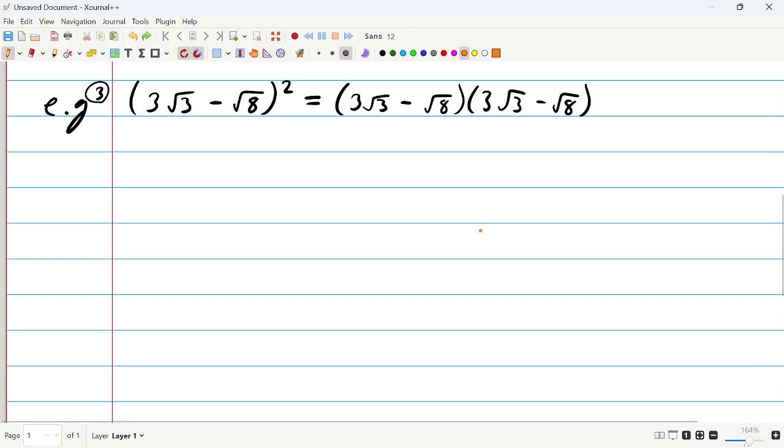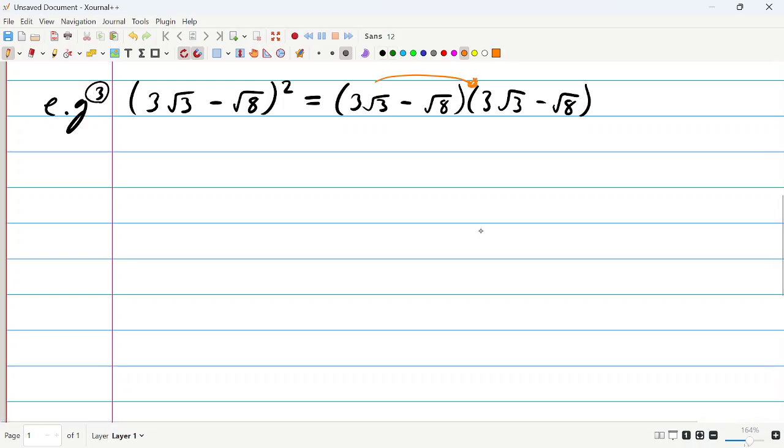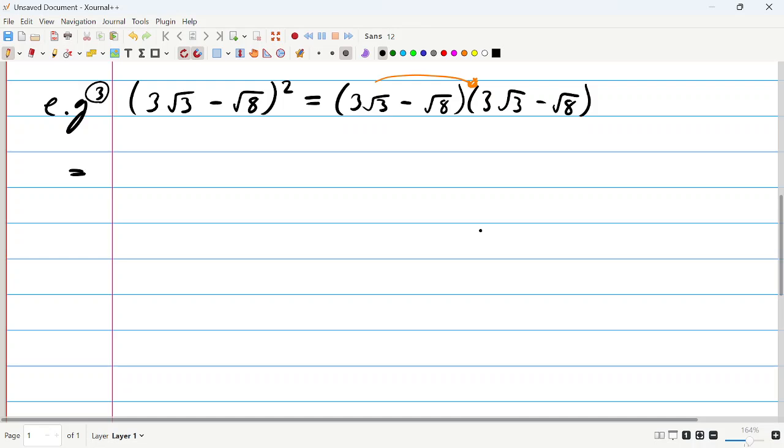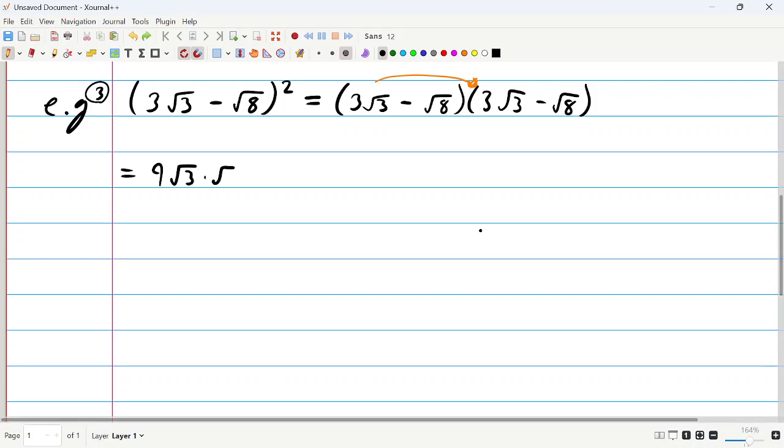We are going to use the FOIL method. We take the first term of each, so 3 root 3 multiplied by 3 root 3. That's just going to be 9 multiplied by root 3 multiplied by root 3, since the 3's multiply each other to give 9.